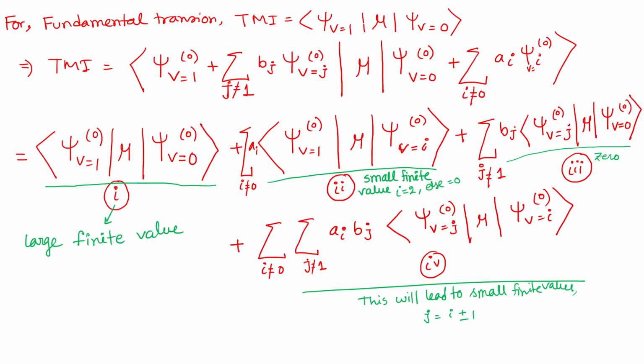Actually it should be very small, because here it is only ai, and now it is becoming ai into bj, which is going to give me a very, very small term. So the finite value would be small. But at the end, what we are getting for this anharmonic oscillator is that our transition moment integral is a summation of a large finite value plus some small finite values also coming. Now let us see for the overtone what we are going to get.